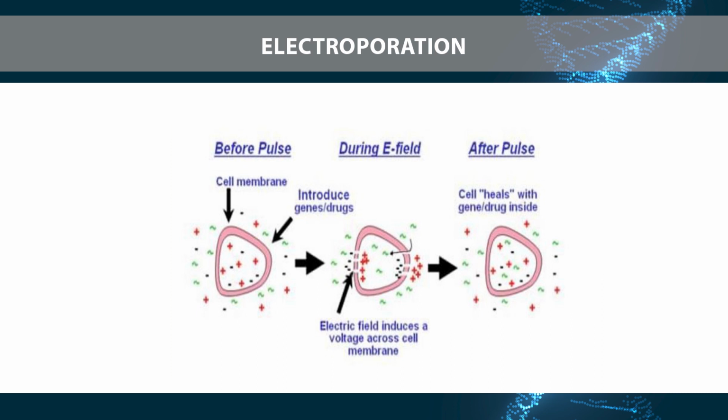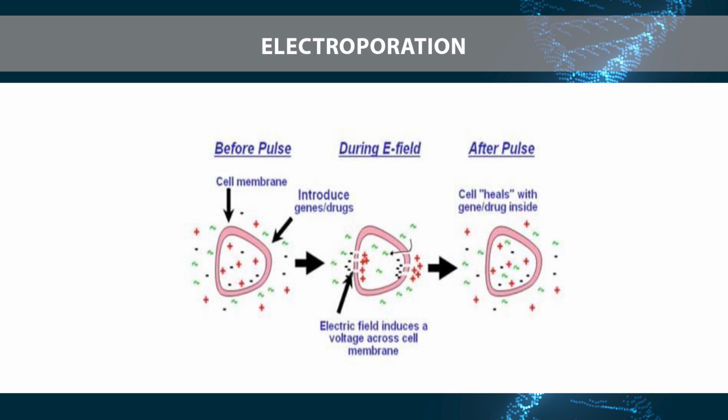So, in the first figure we can see that before the pulse the cell membrane was continuous and no pores are present. Then in the presence of an electric field, from the pulse itself we can understand that it is a short influential electric field, and based on that there will be a change in the charges around the cell membrane and pores are created.